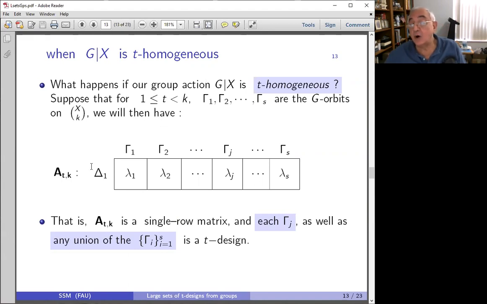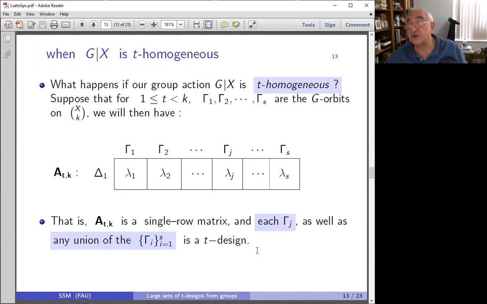Then we have a single orbit on T subsets, and possibly more orbits on K subsets, let's say gamma 1, gamma 2 up to gamma sub S. We can actually prove that in general, if K is less than V over 2, there will be a greater number of orbits than the number of orbits on T sets.